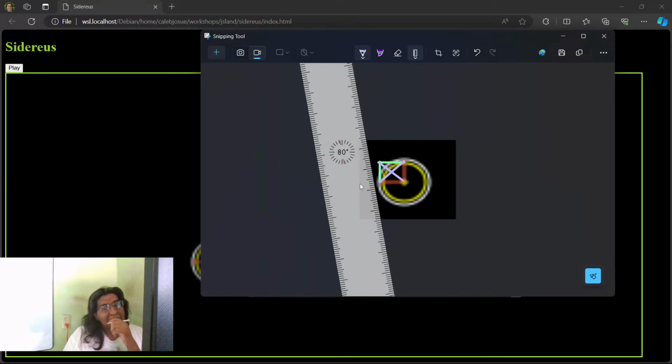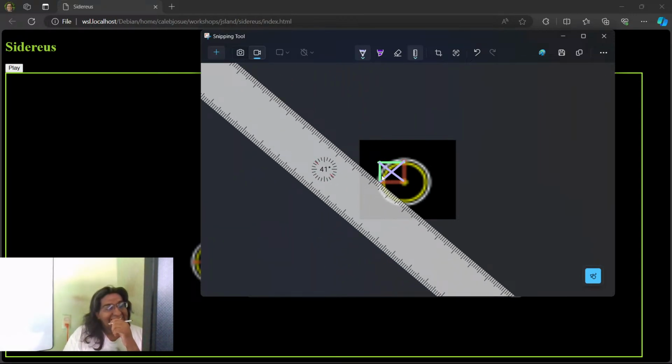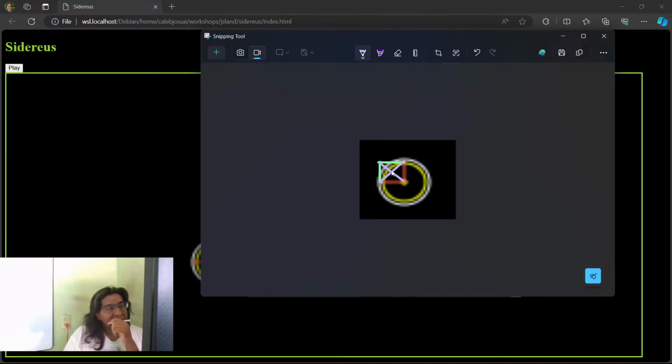Okay, we have a parallelogram, and now we have the center of the parallelogram.